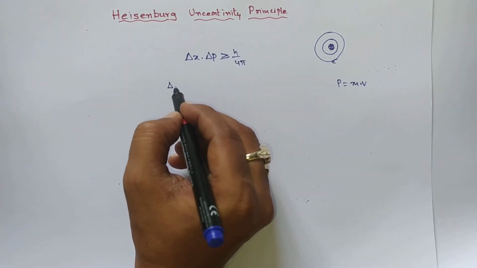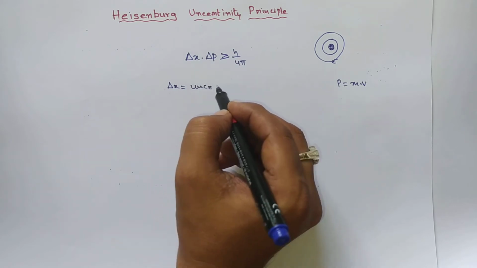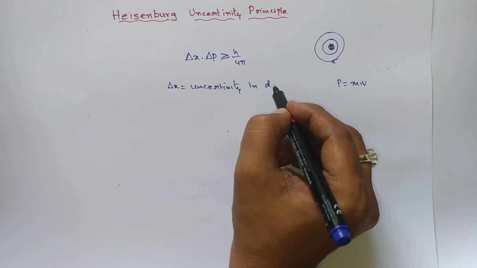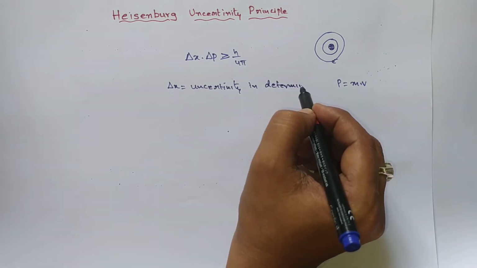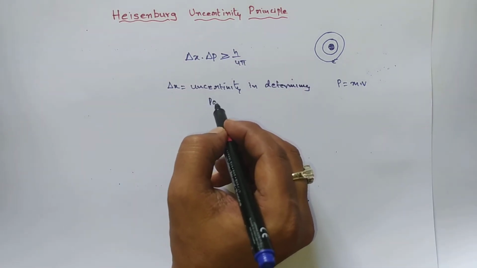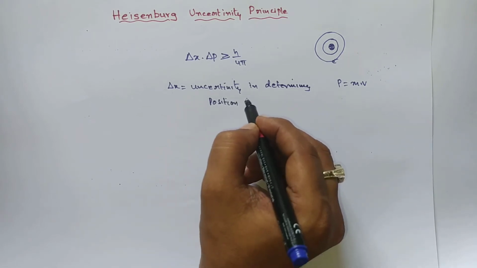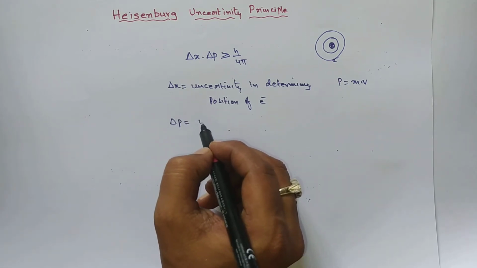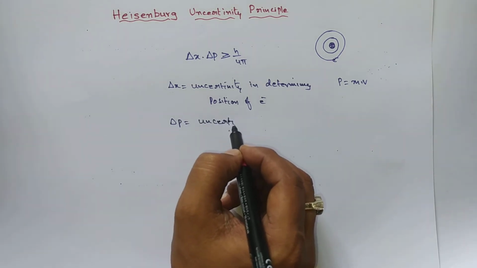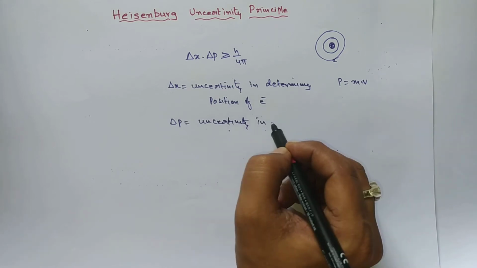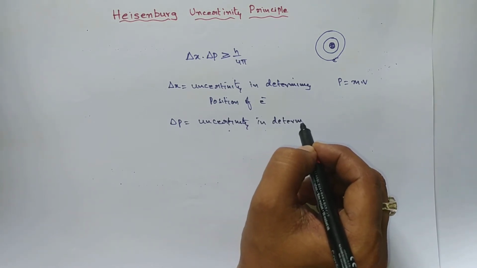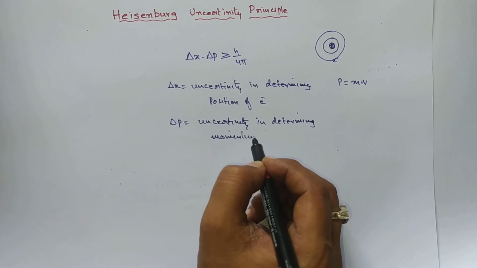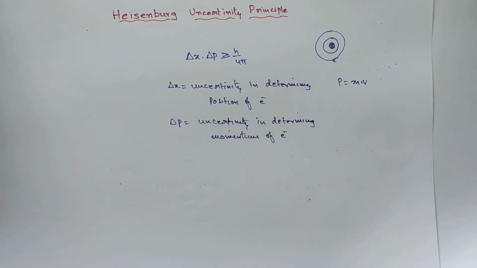Here delta x means uncertainty in determining the position of an electron, and delta p means uncertainty in determining the momentum of an electron.